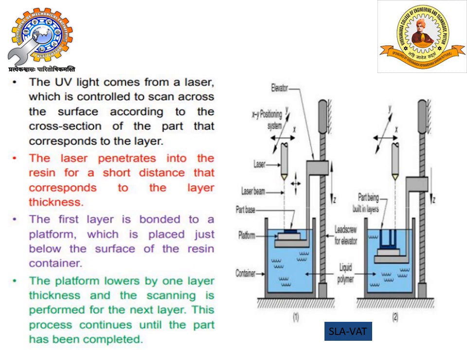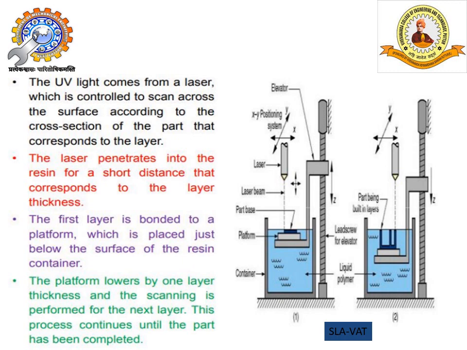Now think of the UV light exposed from the laser, which falls onto the polymer surface. The affinity of the polymer is to go on curing once it interacts with the laser light. That's how we say it is a photosensitive polymer.